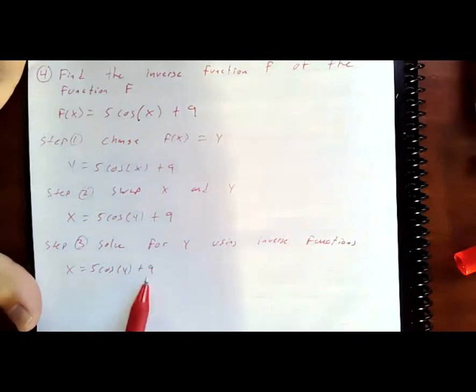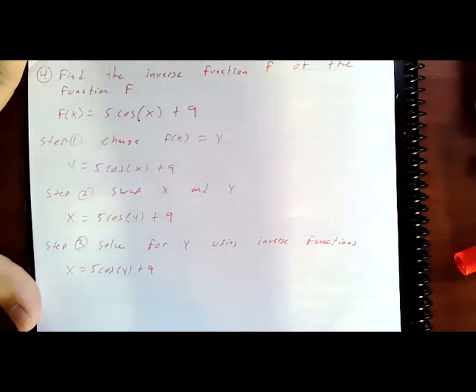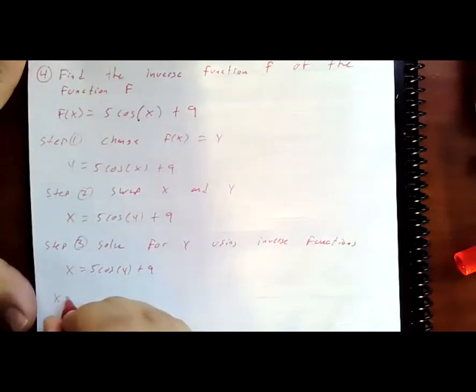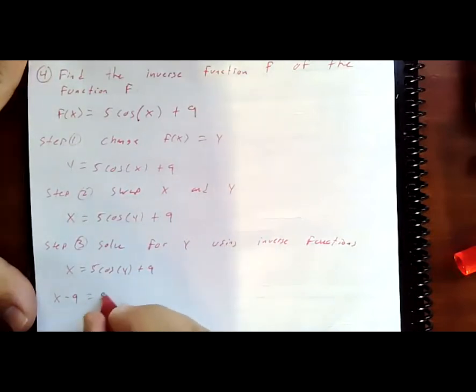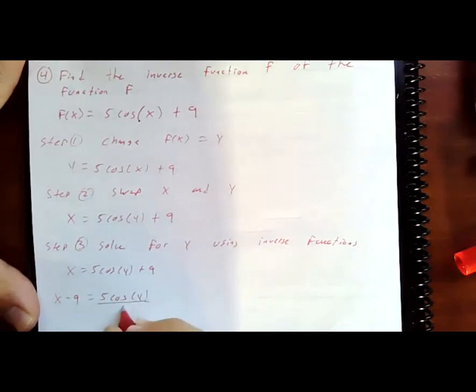So we're going to subtract the 9 over, and then divide by 5, and then we introduce the inverse functions. So isolate cosine y. So minus 9, divide by 5.